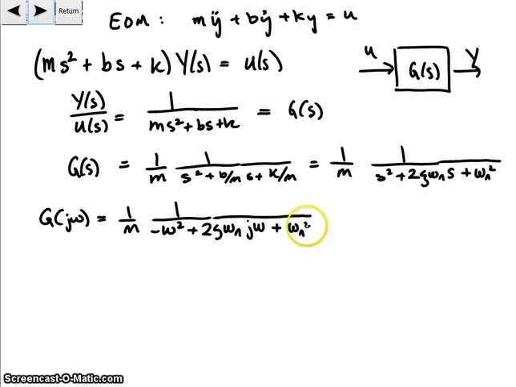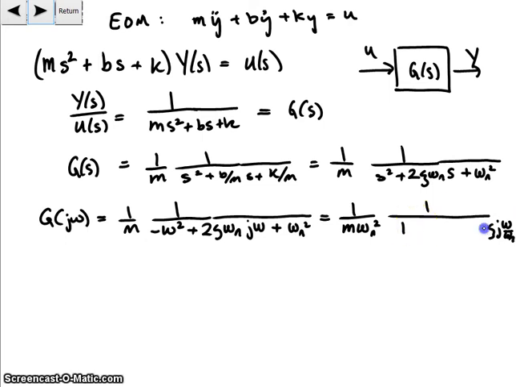I'm going to divide everything by omega n squared, and so I'm going to write this as 1 over m omega n squared, and then I have this other part here.